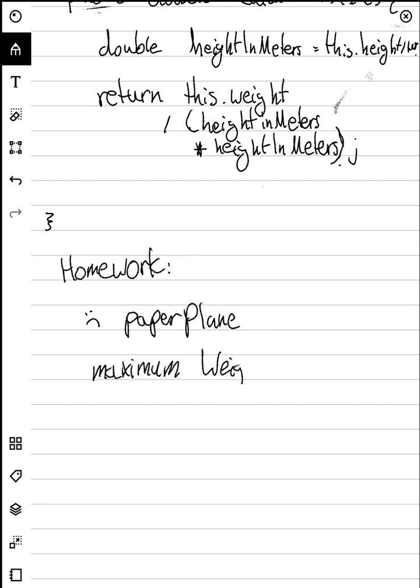So, given the maximum weight in kilograms, design a method that converts the weight to pounds from the maximum weight field of the paper plane. Does that make sense? Yes. Okay, convert it to pounds.